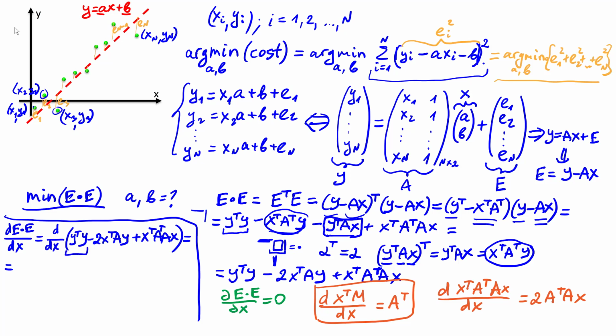The second thing will give you minus twice A transpose y, and the third thing will give you plus twice A transpose A x. This should be some matrix A.